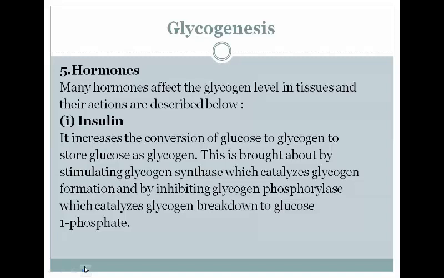This is because of stimulating glycogen synthase, which is involved in the formation of glycogen, and insulin also inhibits glycogen phosphorylase, which catalyzes the glycogen breakdown to glucose 1-phosphate. So insulin increases the glycogen content of the tissue by stimulating glycogen synthase and inhibiting glycogen phosphorylase.